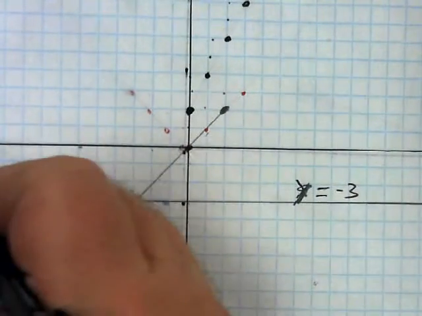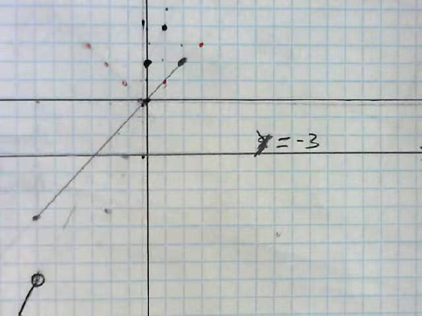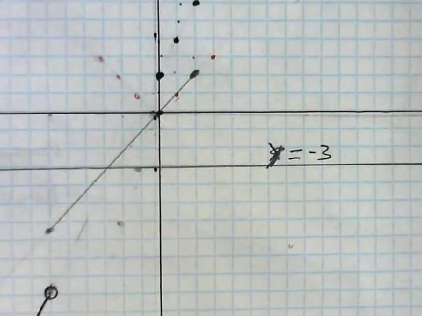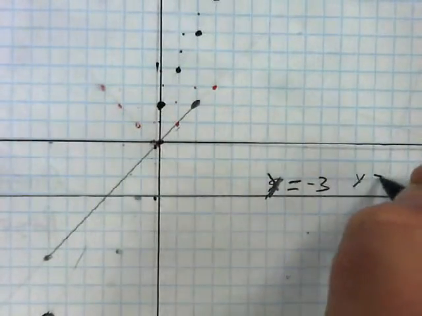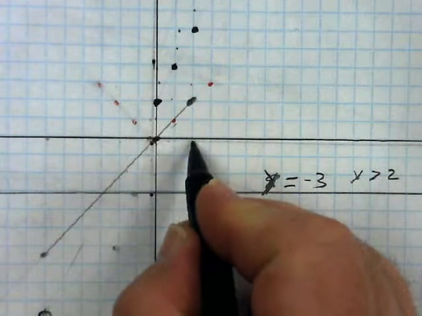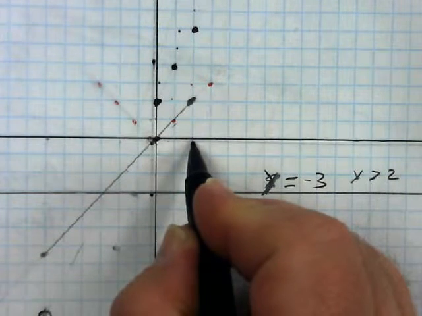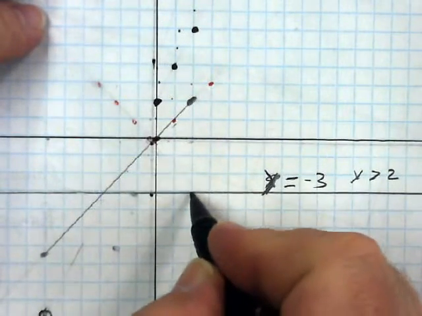What restriction does it have on it? The x has to be greater than 2. Well, coming across on my x-axis, I'd start here, come down to the graph, which is right here, and since it's just a greater than, I need an open circle.